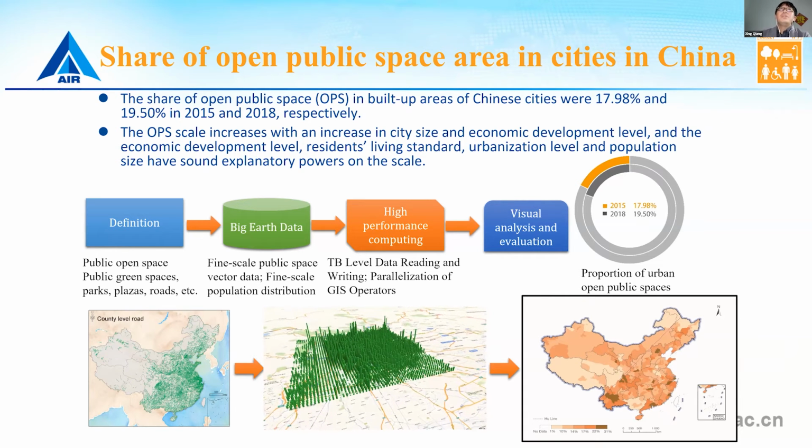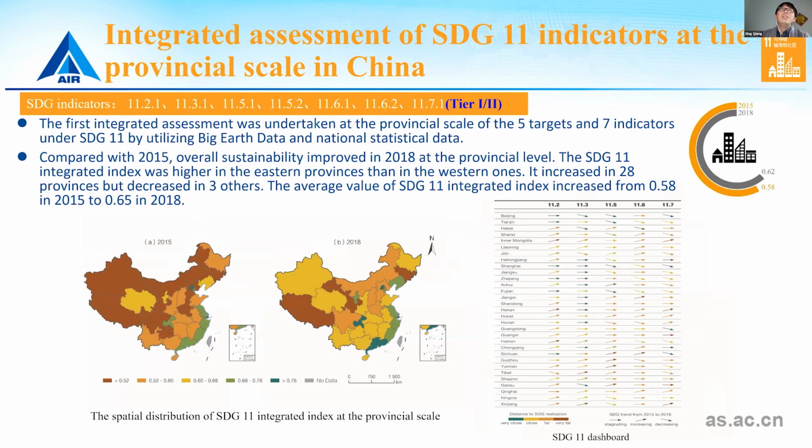Another very important issue is after we have this individual indicator, we need to make a comprehensive assessment of whole SDG 11. At the provincial scale, here shows the result. We put all the indicators together and make some dashboard to indicate this province is on a positive change trend or a negative one, which means offset from the sustainable development.